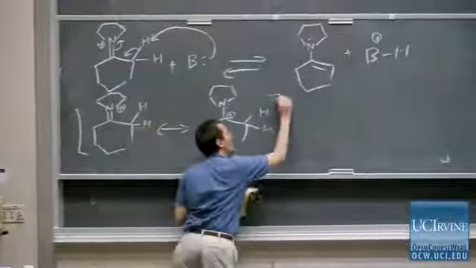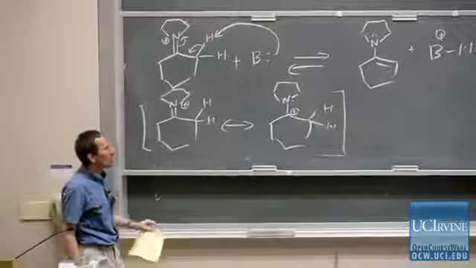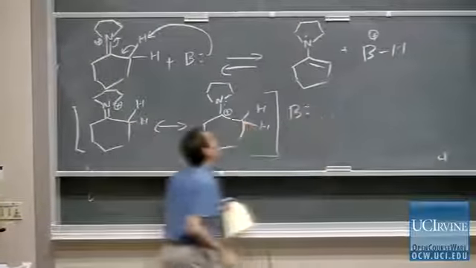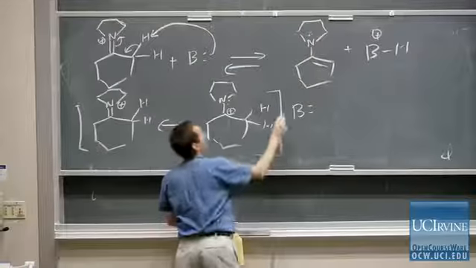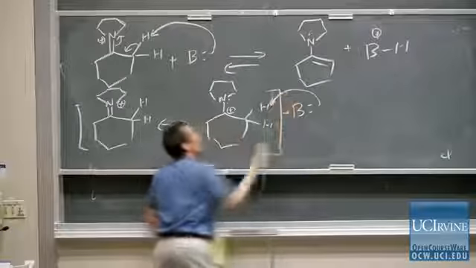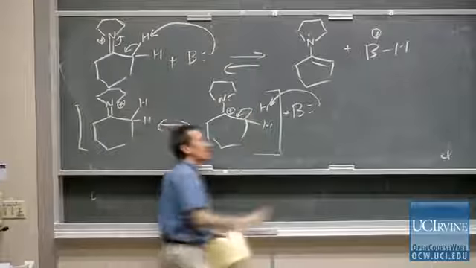So we have a major resonance structure and a minor resonance structure, and we can think of our base as pulling off a proton. And if you're more comfortable with this type of way of doing it, you can say, all right, the base pulls off our proton, and we push electrons in over here.